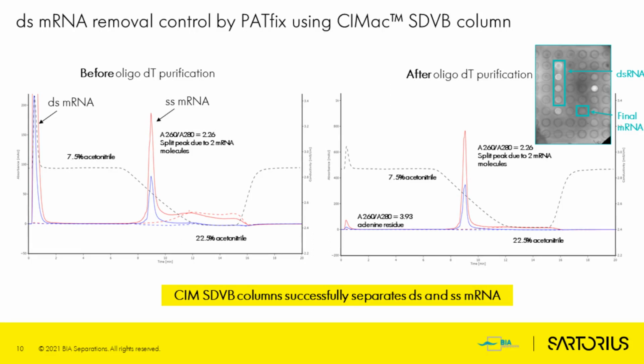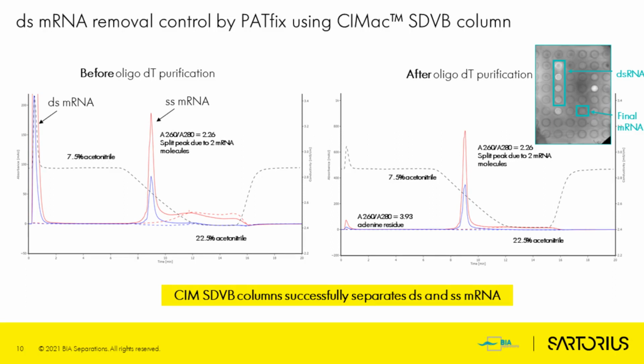And then we go ahead. So if we have a poly A tail on our plasmid, then we would basically separate the double strand from single strand with oligo-dT. Of course, we need orthogonal chromatography to confirm that this is the case. So in our case, we are confirming this with a styrene-divinylbenzene column. So this is before oligo-dT.